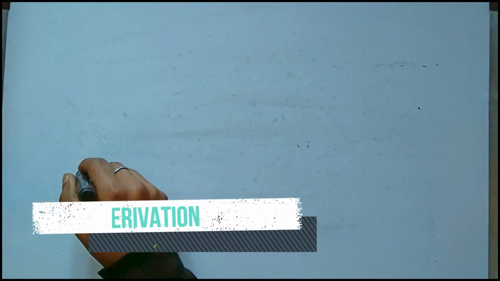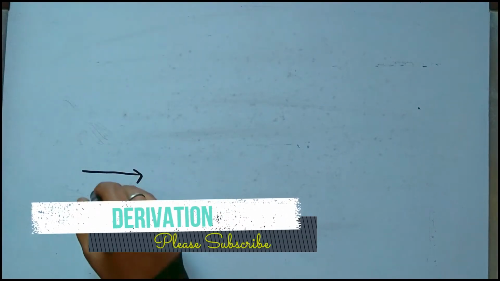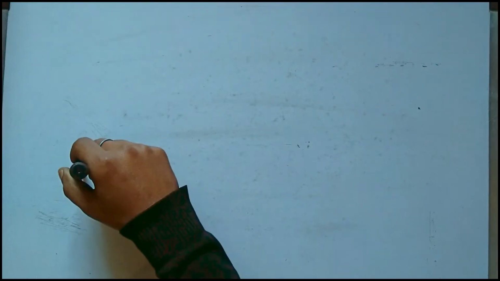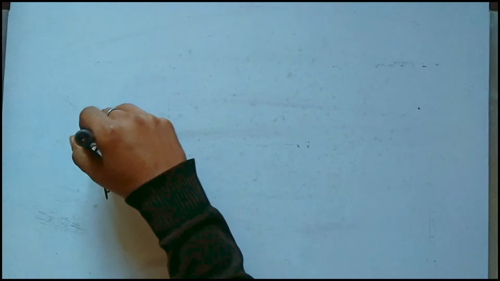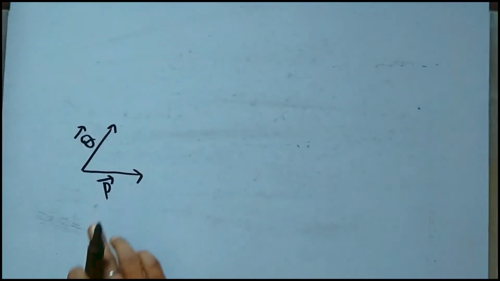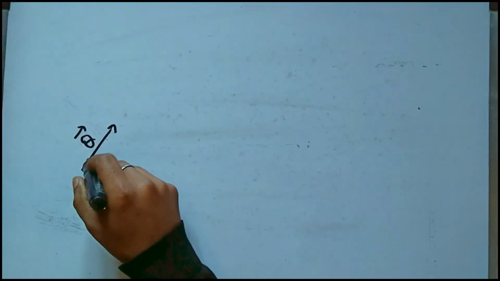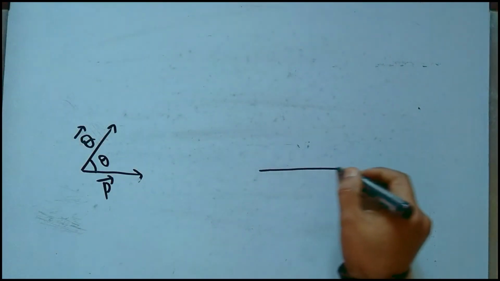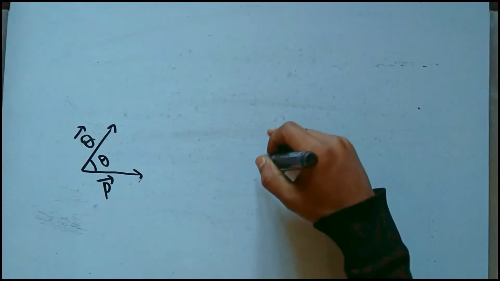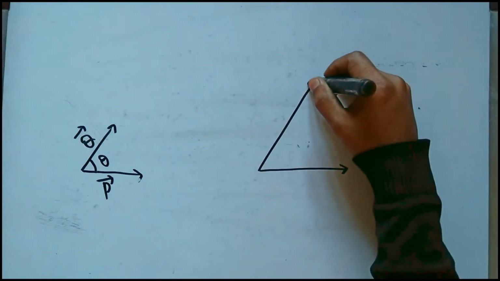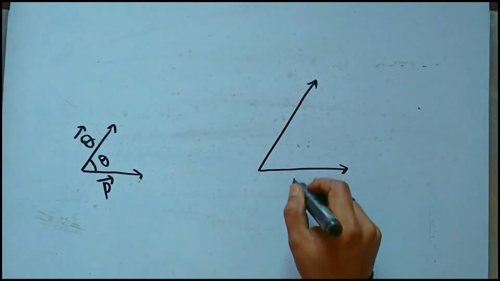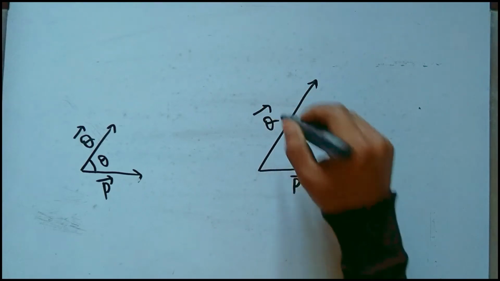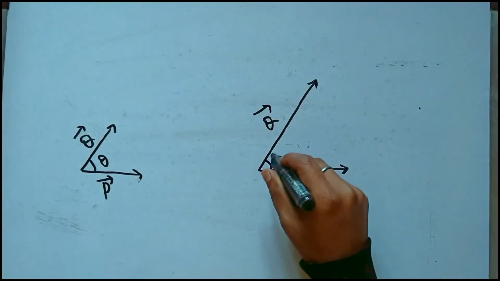Let us consider we have two vectors, one being P and another being Q. These two vectors are acting at an angle theta. So this is P vector, this is Q vector acting at an angle theta.